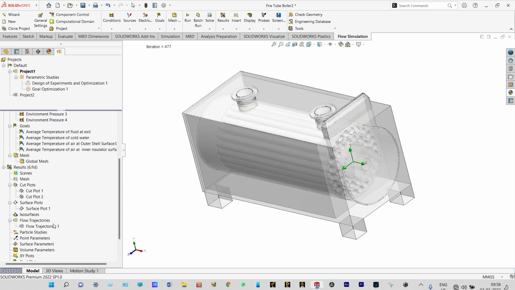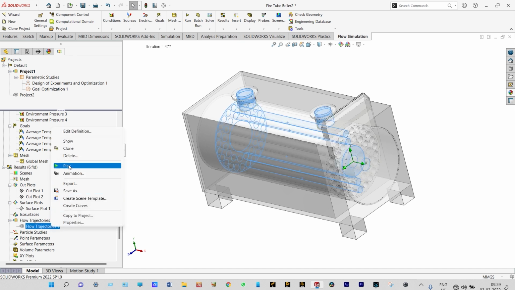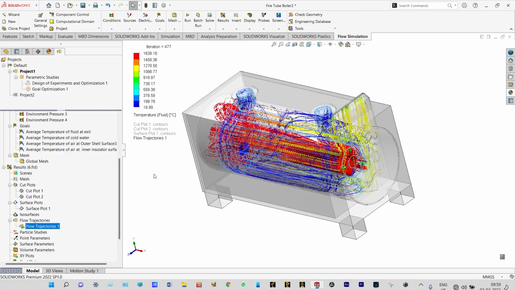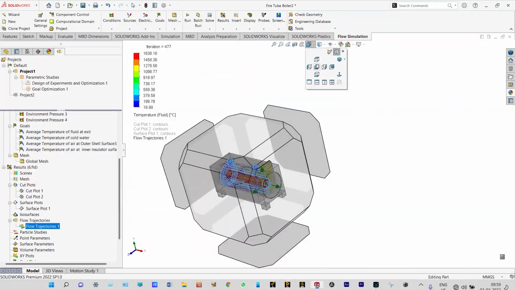Next to that, we want to see dynamics of flow particles. This is a very important one. It will show the distribution of these flow particles throughout all these boiler parts. Let us see dynamics of flow particles from here. Let us play. It will be better to see from front plane.